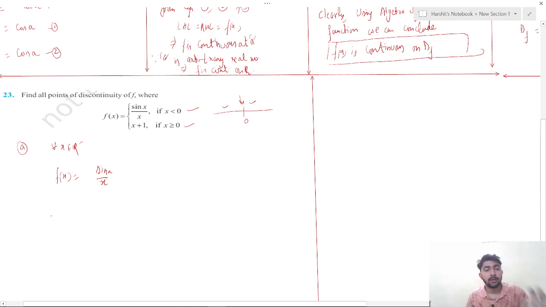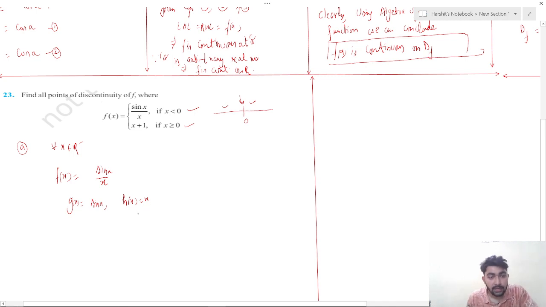That function f of x is written as sin x upon x. Here two functions are used, g of x is sin x and h of x is x. Sin x and x both are continuous functions, because sin x is a trigonometric function and h of x is a polynomial function, so they are both continuous for all x belongs to R negative.